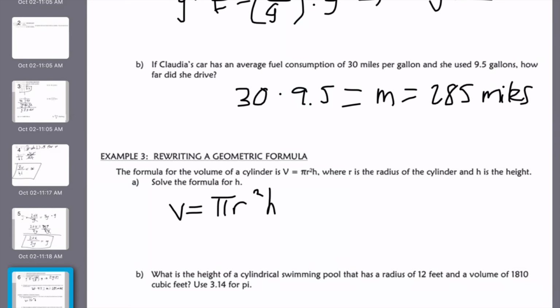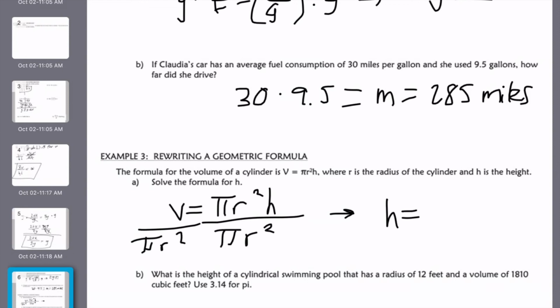If I want to solve for h, all I have to do is divide by pi r squared on both sides. Since everything is being multiplied, that is why I can go ahead and do it. So I know that h equals V over pi r squared.